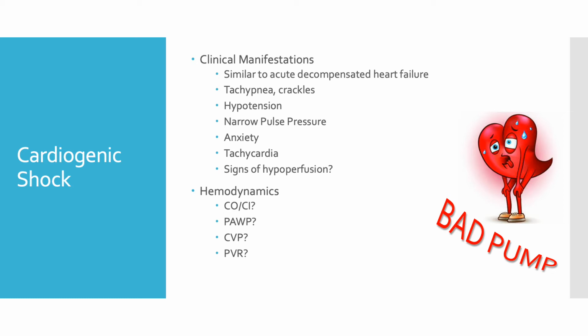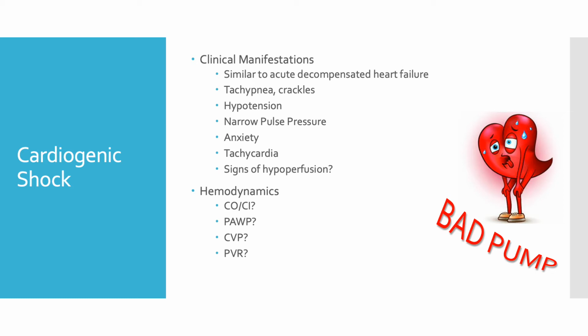So we'll hear crackles, or maybe our patient will have tachypnea or labored breathing. And because our heart is not pumping effectively, that will lead to a low blood pressure and a narrow pulse pressure. So there's not going to be as big of a difference between when the heart is relaxed or squeezing. The diastolic and systolic pressures start to get closer and closer together because our pump is not really making that big of a difference from when it was relaxed.